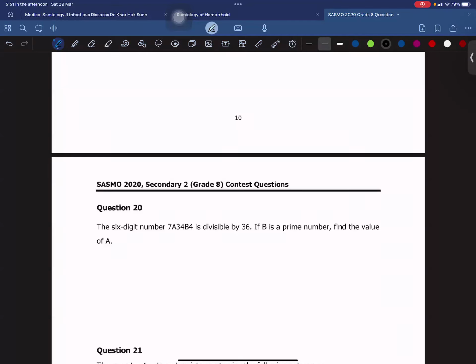Okay, so it says that B is a prime number. In order to be divisible by 36, the number needs to be divisible by 9 and 4, because 9 times 4 is 36. So we have 7A34B4, so it's B4.